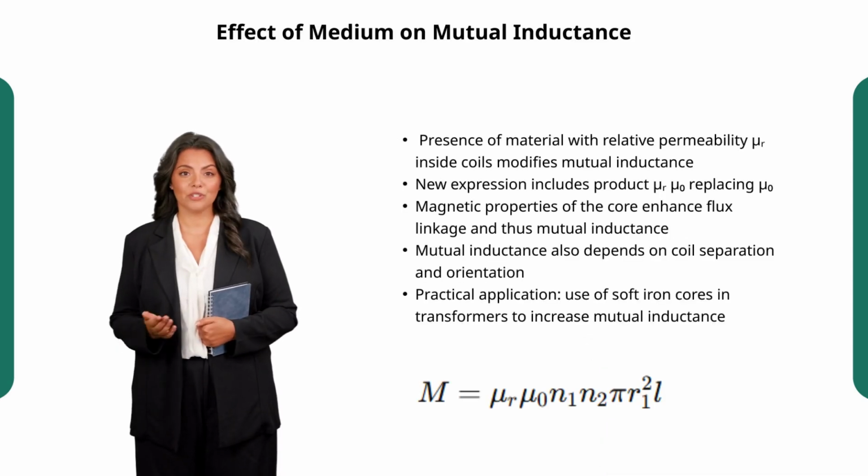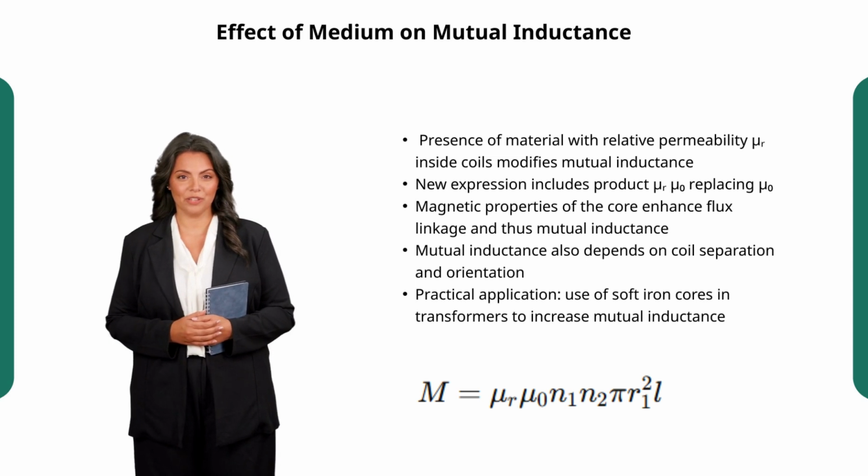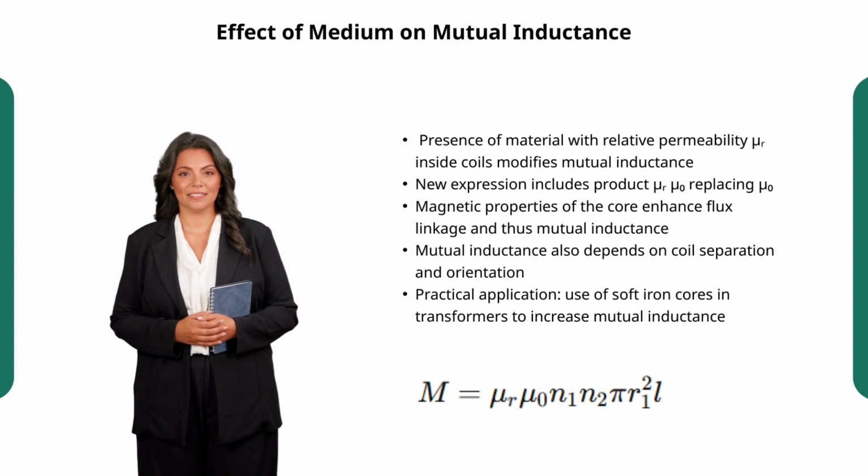So far, we've assumed our coils are surrounded by air or vacuum. However, the medium between or inside coils can significantly influence inductance. Specifically, when the coils are filled with a material having relative permeability μr, the magnetic flux is enhanced.